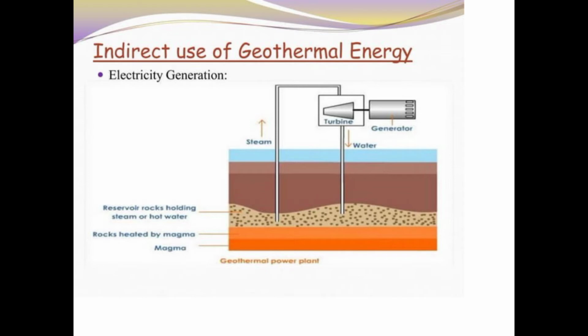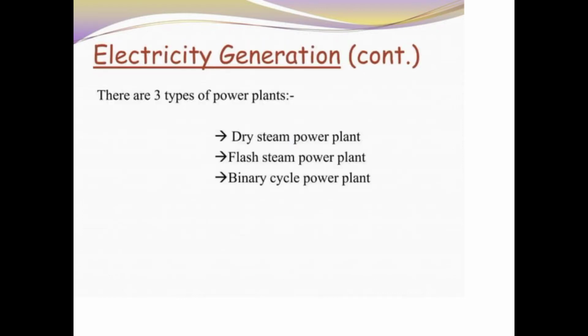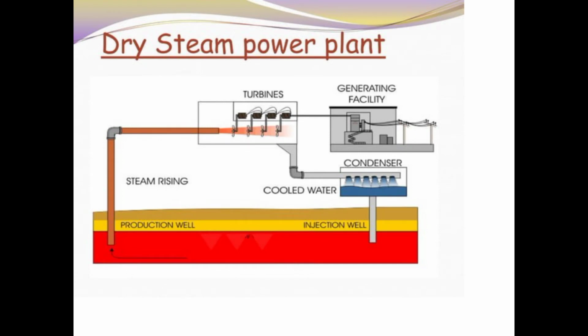Indirect use of geothermal energy is that we can produce electricity from it. There are three types of geothermal power plants: first is the dry steam power plant, second is the flash steam power plant, and third is the binary cycle power plant. First you can see the sketch of a dry steam geothermal power plant.